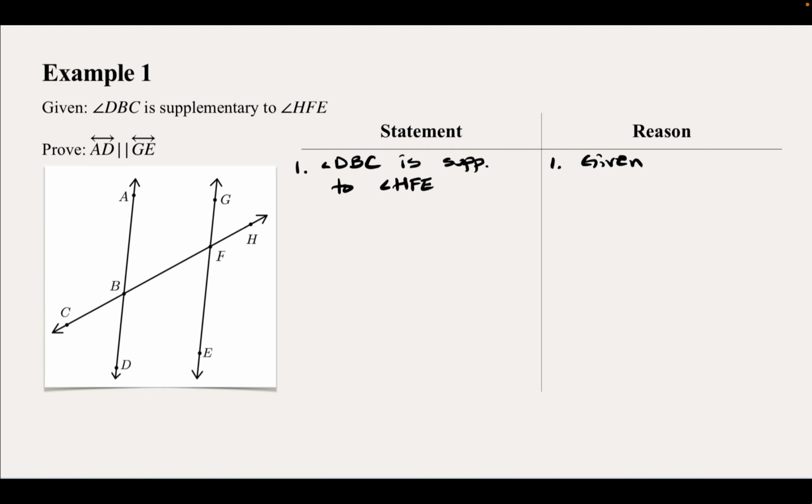I'm going to put just a little star here and here because these are the two angles I'm talking about, so that I'm aware of them. And I'm going to start off by saying that angle DBC is supplementary to angle FBD.